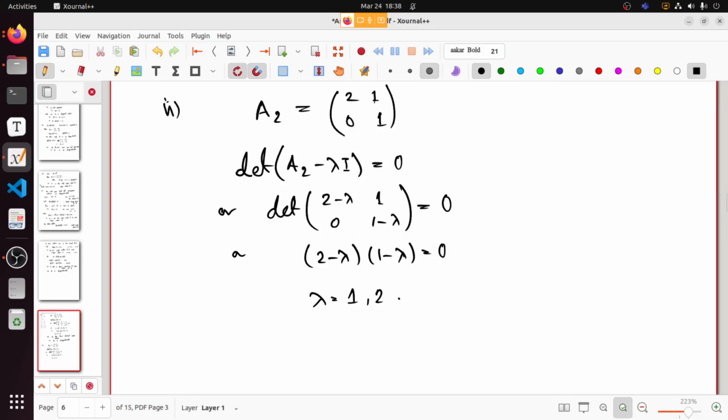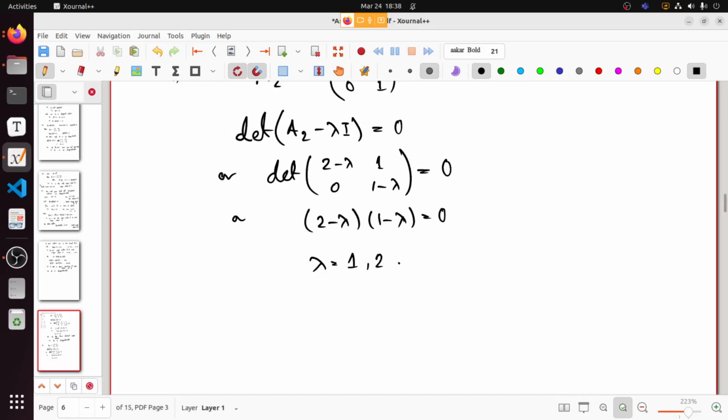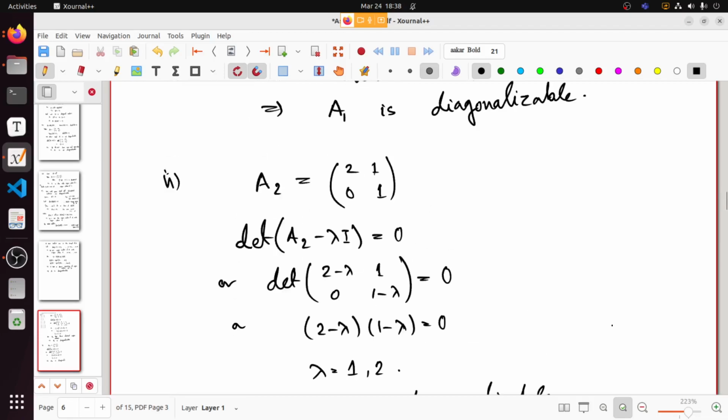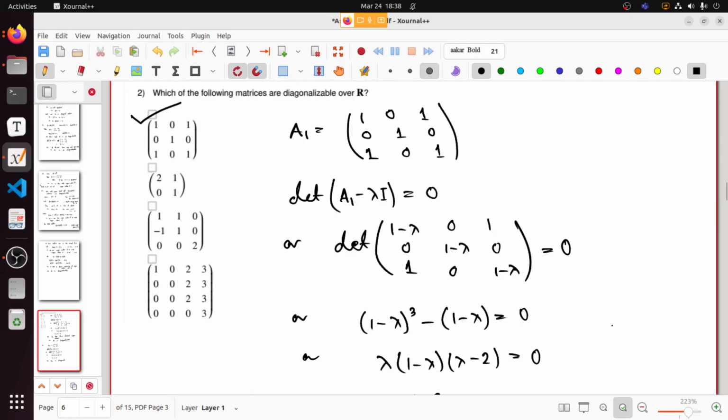So here also the eigenvalues are distinct, which implies A2 is diagonalizable. So option number 2 is correct.